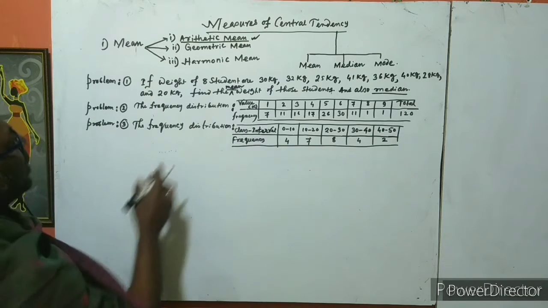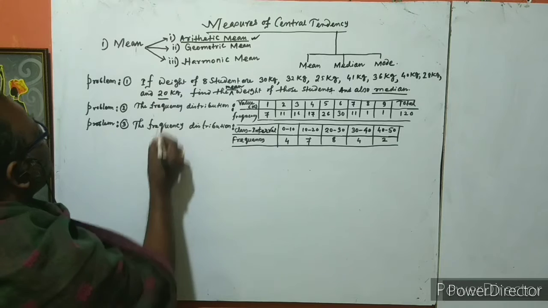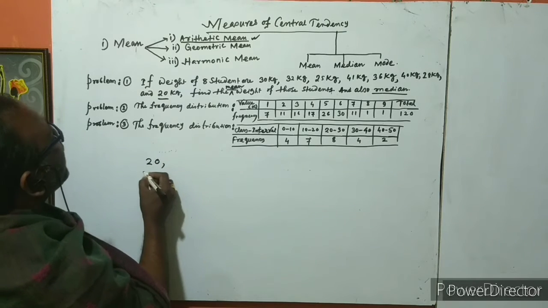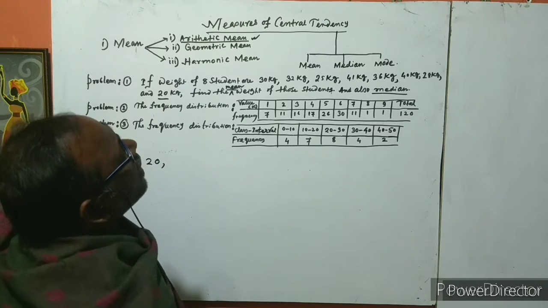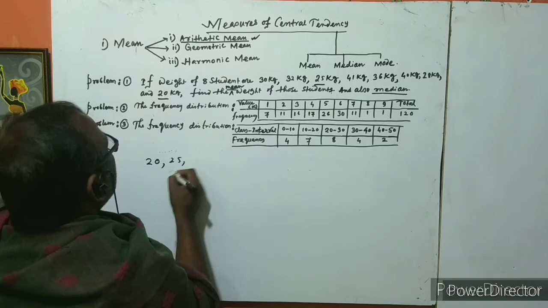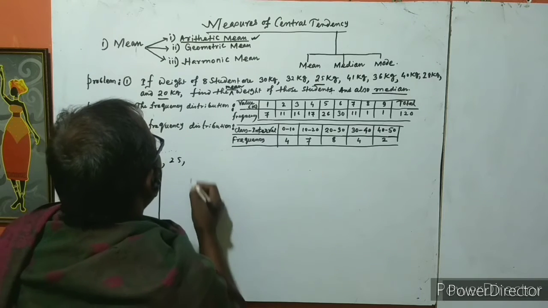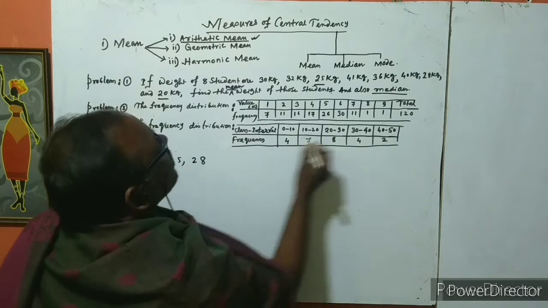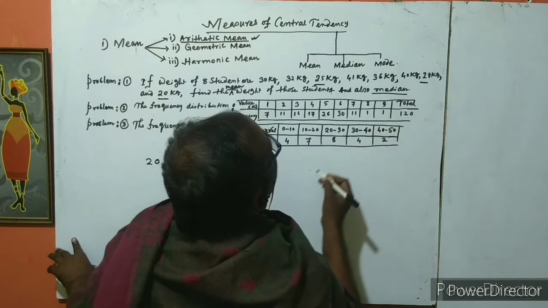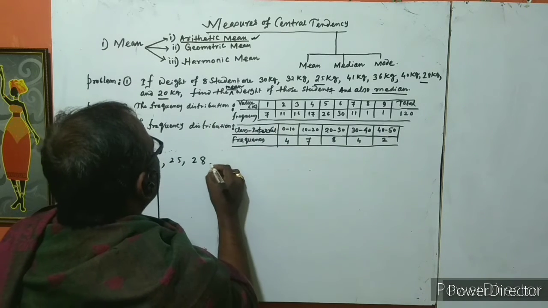Like first, you have to arrange the numbers in ascending order. So the least value we arrange is 20, and then after it, 25. Then after 25, that is 28. Okay. Then 30.